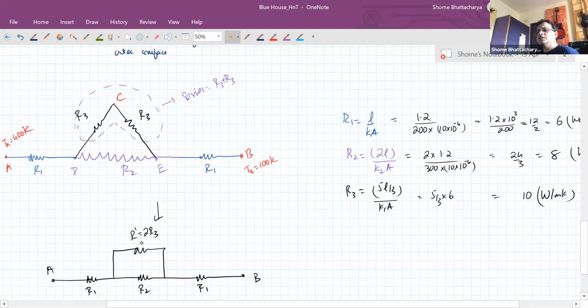Now this point C will not exist here because we have combined these two resistors, but D and E will be these 2 points. So further, this R prime, sorry, 2R3, will become 20.